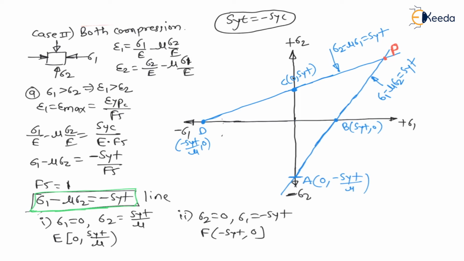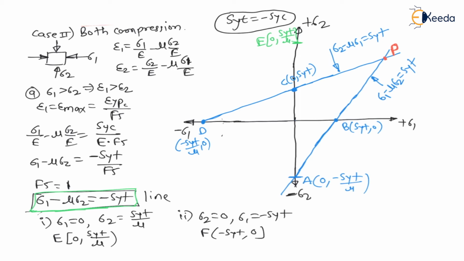Therefore plot the E point, which is 0 comma SYT by mu. If I extend plus sigma 2, the E point will go somewhere here. Now what are the coordinates of the E point? 0 comma SYT by mu, right?